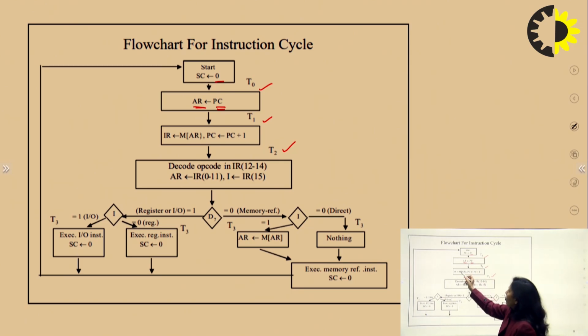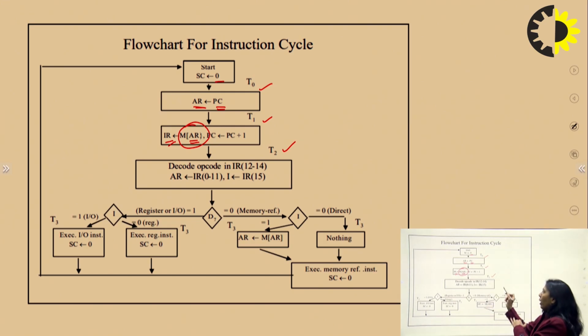Finally, whatever memory word the address register holds will be given to the instruction register. And at the very same instant, that is the same clock cycle, the PC, the program counter, will also be incremented by 1. That means it will now point to the next instruction. This is the rule.